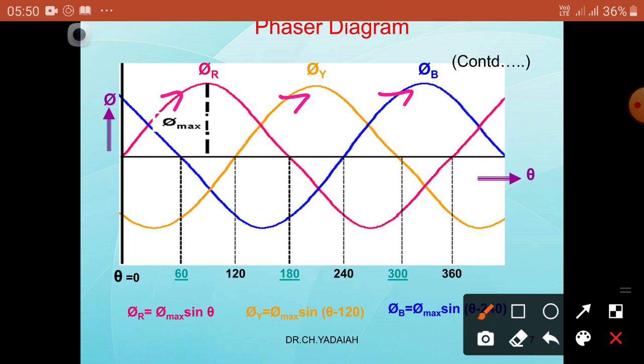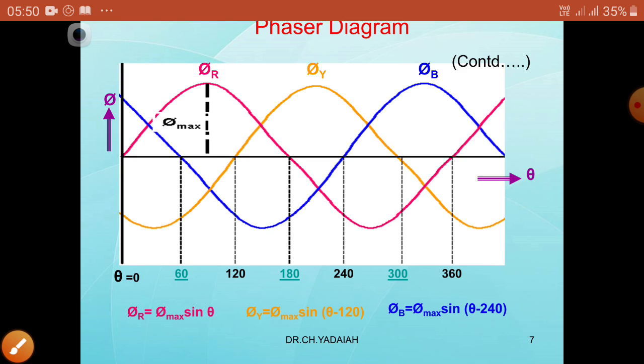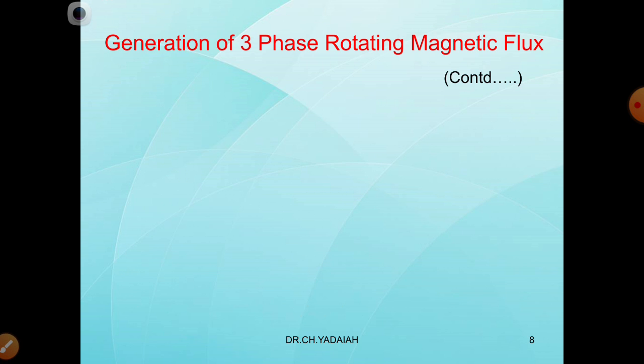Here are the R phase equation, Y phase equation, and B phase equation. Now let us see the generation of three phase rotating magnetic flux in vector position. The phasor diagram we have seen.